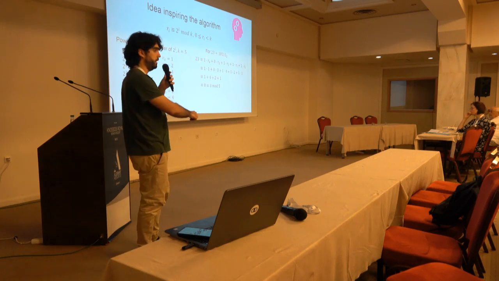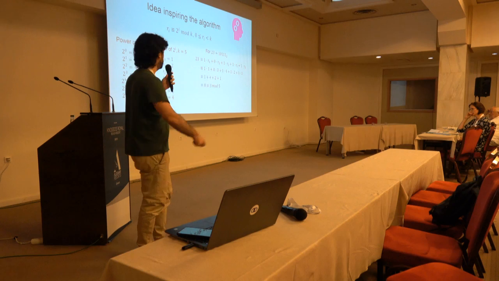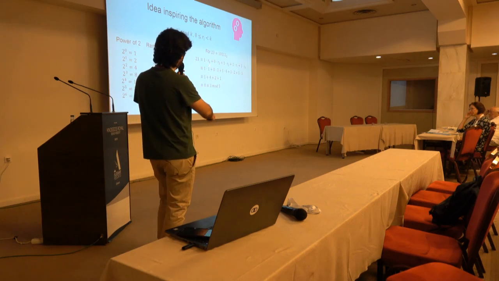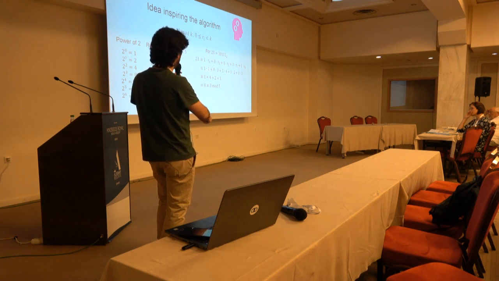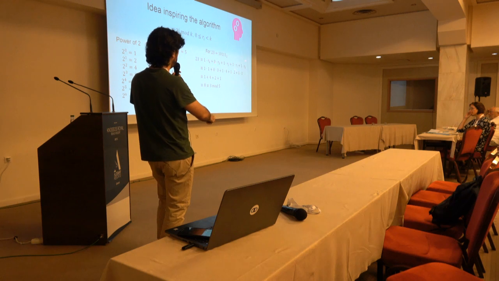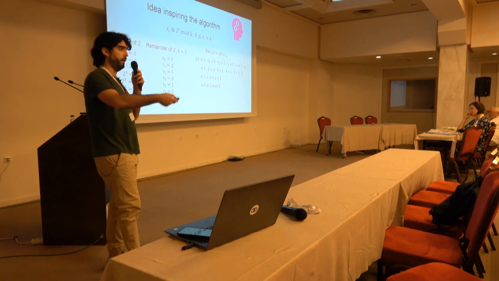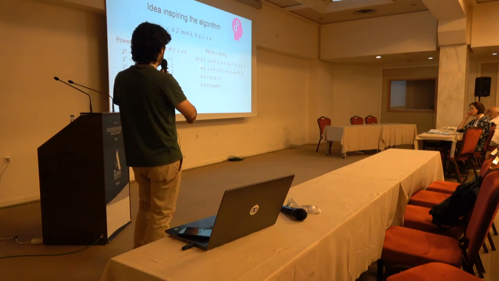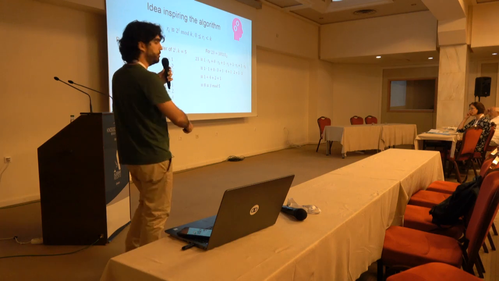If I take the sum of all of these remainders, I know that when I divide 2 to the power 4 by 5, I get a remainder 1. So I substitute here. If I do the same for all the remainders, what I get in the end is that these add up to 8, which is 3 modulo 5. Which means that the remainder of 23 when divided by 5 is 3.